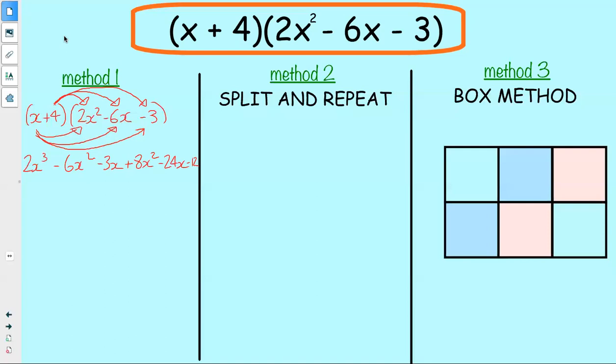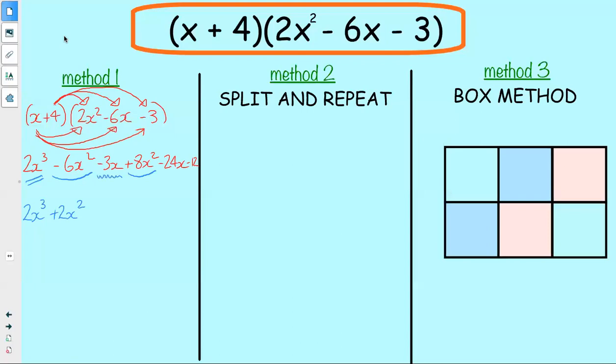Okay, and then you are going to simplify if you can. Look at x cubed. There seems to be one term involving x cubed, so that remains the same, 2x cubed. Let's look at my x squareds. Got a -6x squared and a +8x squared. So you can think of it in your head as 8x squared subtract 6x squared, which is 2x squared. Okay, let's look at my x's.